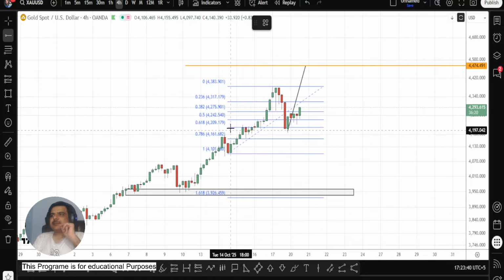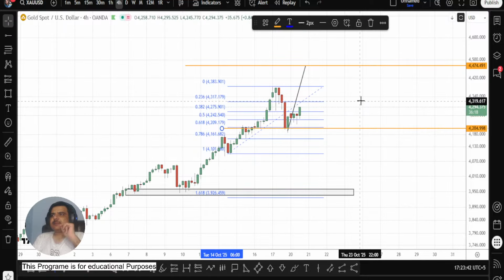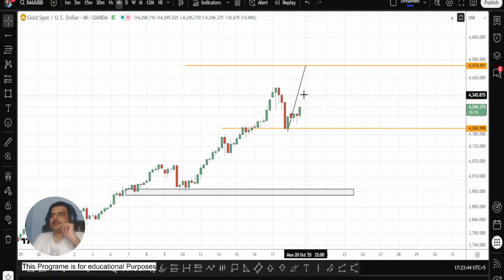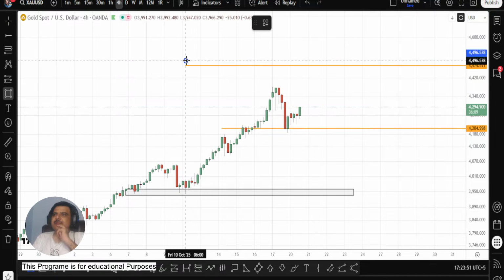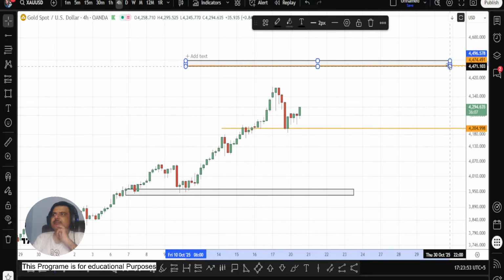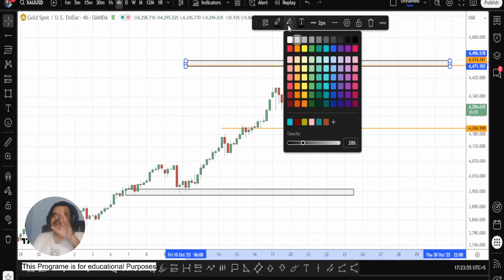So let's mark this level as well. This much simple it is. I mean, literally this much simple this market structure is.